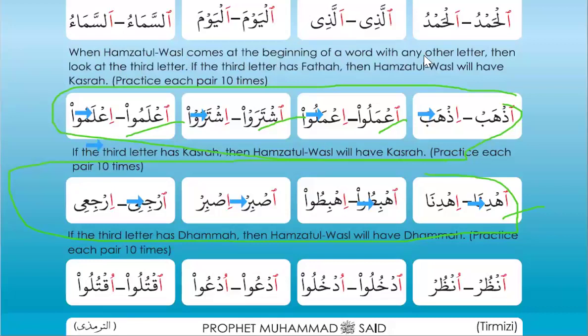That you'll see at the beginning of a word. What does it say here? It comes at the beginning of a word with any other letter, then look at the third letter. What it means by any other letter is if a lam does not come after the Hamzatul Wasl, you're going to look to the third letter.